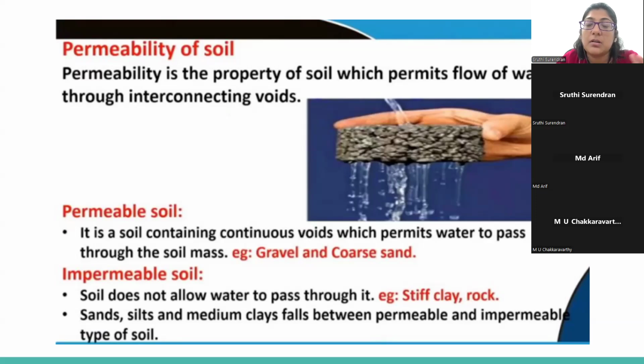This is because sandy soil is more permeable and clayey soil is less permeable, to the extent that it is considered an impermeable material. Similarly, even if you pour water over rocks, it is not going to go through the rocks. It is going to go over the rocks. That is because rock is an impermeable material.